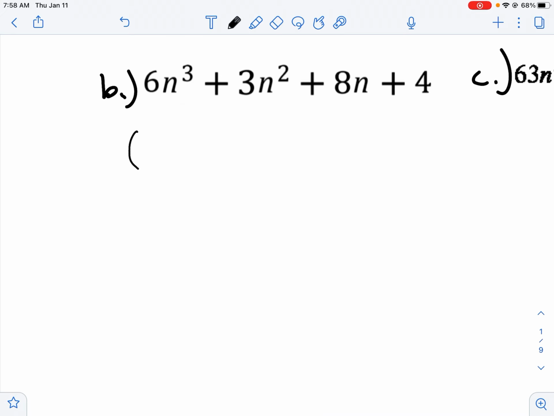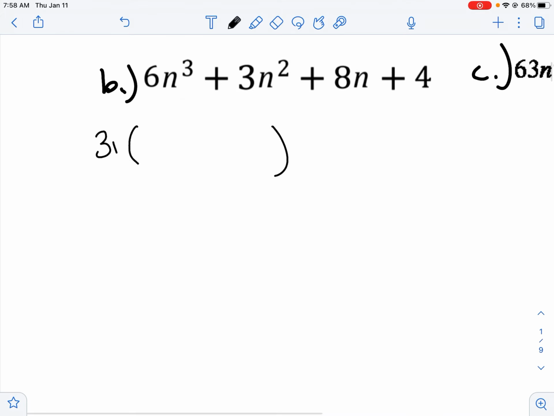Next one, first two terms, I'm going to make this quick. So 6 and 3 are multiples of 3, and you have n squared in common, right? 3n squared times 2n gives us the 6n cubed. 3n squared times 1 gives us the 3n squared. Then over here, the 8 and the 4 are both multiples of 4, so I bring out a positive 4.